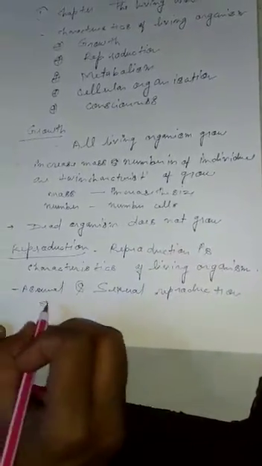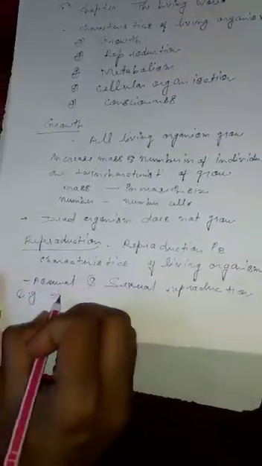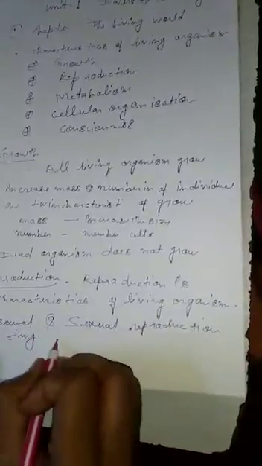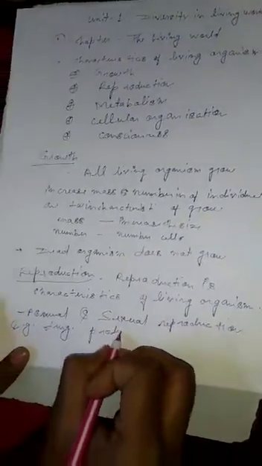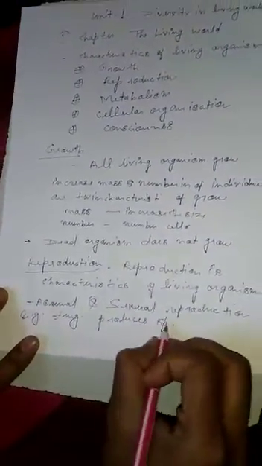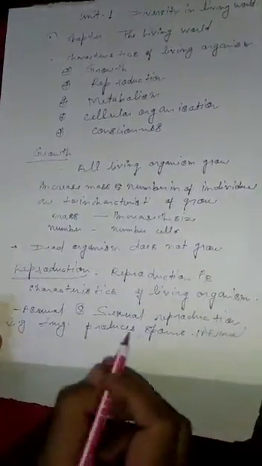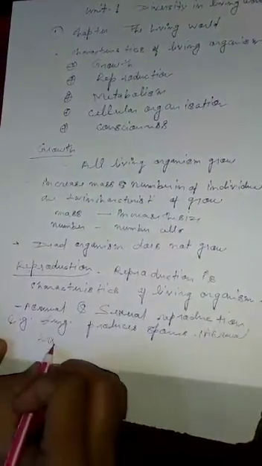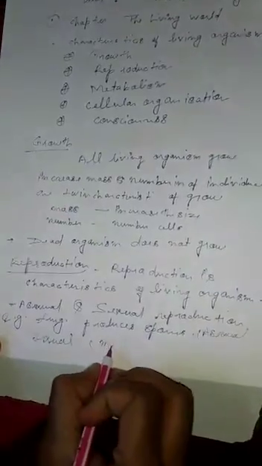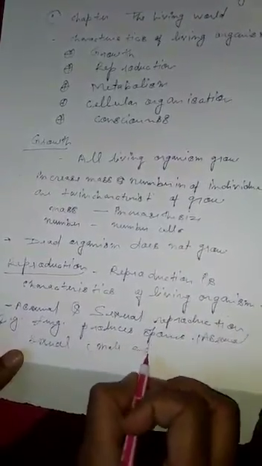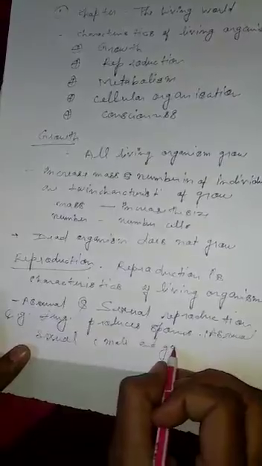For example, fungi produce spores in asexual reproduction. In sexual reproduction, there are male and female gametes.